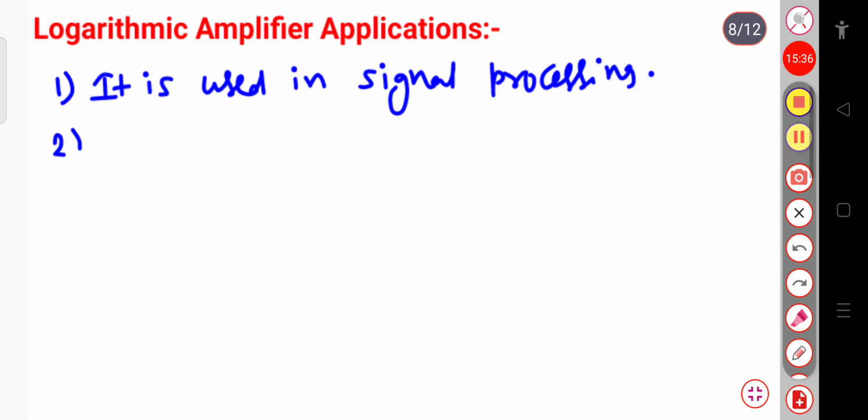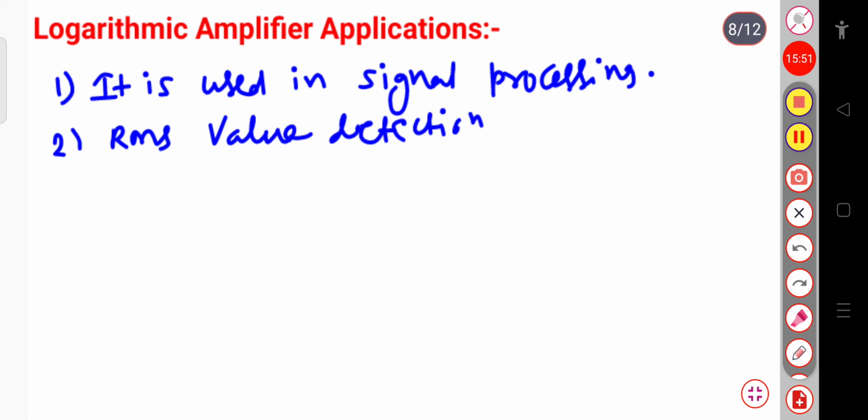It can also be used for RMS value detection. It can also be used to regulate gain. The logarithmic amplifier can be used.